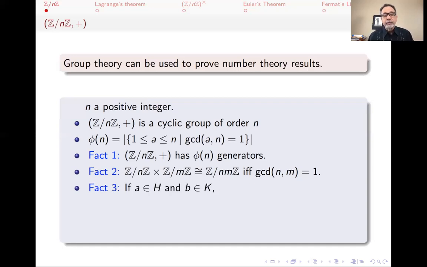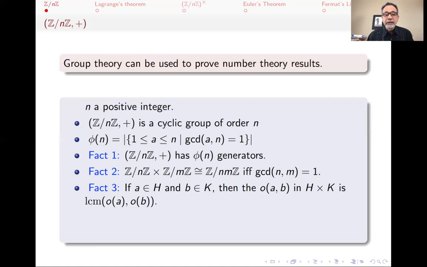This follows from our third fact, which says that if you have any finite groups H and K, and one element in each, then the order of the pair (a, b) in the direct product H cross K, whose elements are pairs where the first element is from H and the second from K, is the least common multiple of the order of a in H and the order of b in K.